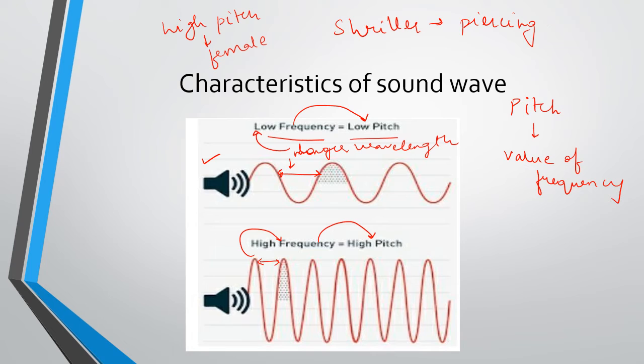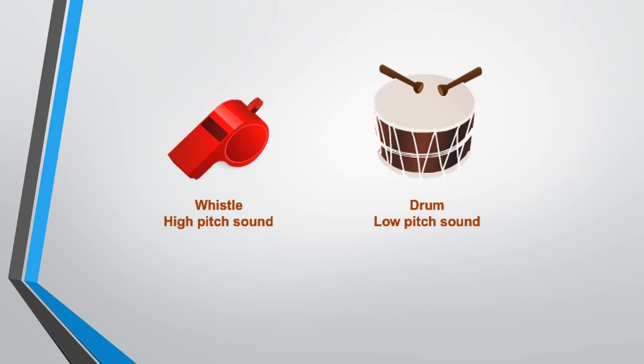Even in stringed instruments, like your guitar, the thickness of the strings is different, so accordingly they are plucked so that it gives a different sound. A whistle gives a high pitch sound and a drum gives a low pitch sound, because these high pitch sounds are a little irritating as compared to the low pitch sounds.